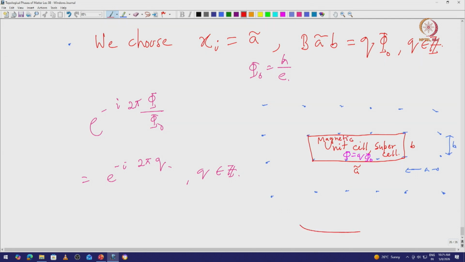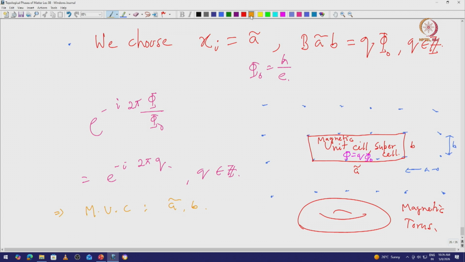So, you will have a torus. Okay. So, the magnetic unit cell has a length of a tilde by b.